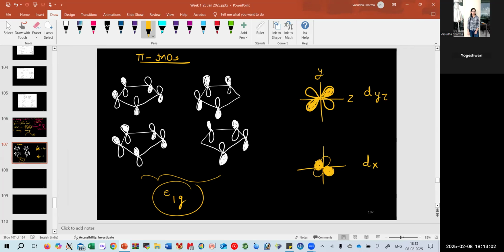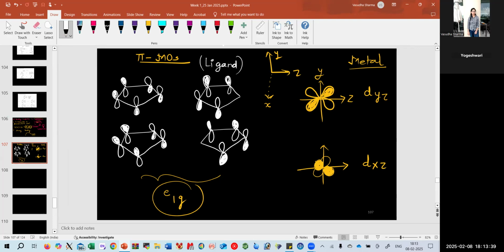So this is your dxz. According to your board, Y is in this direction, Z is in the right direction, so the X is going to come out of your board, out of the plane. Therefore, we are making it a little above so that it is more clear. These are the metal orbitals. The yellow ones are metal orbitals, and the white ones are the ligand pi orbitals, that too in the category of E1g.